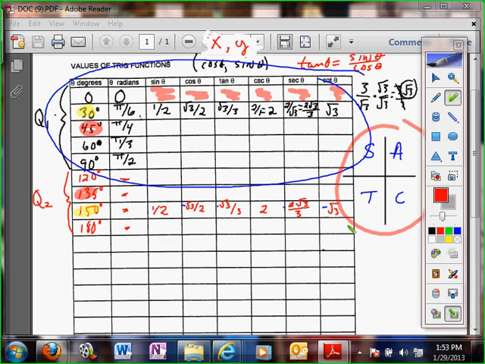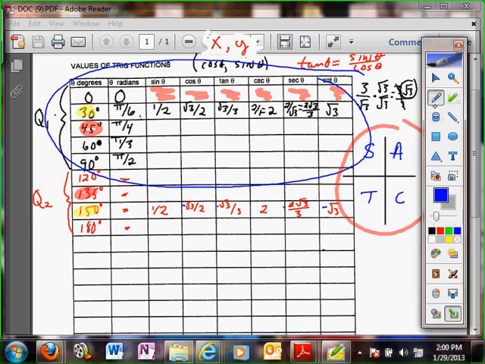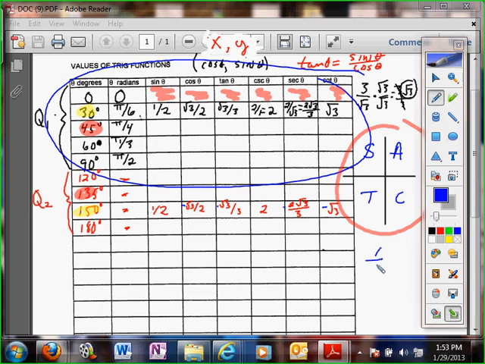I will remind you that when you're finding these values, if you end up with any kind of a fraction, such as 1 over 0, then you're going to have something that's undefined. Let's use right here. Let's look at 90 degrees, for example. What ordered pair is associated with 90 degrees? That's going to be 0, 1.